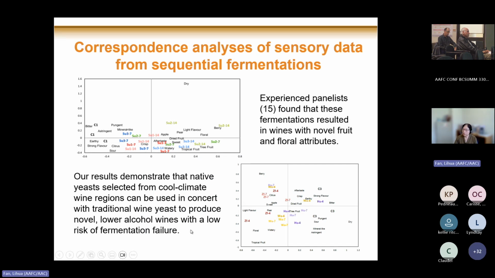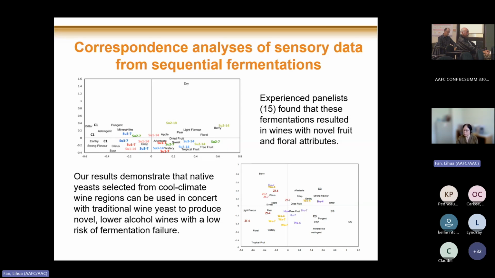This slide shows the correspondence analysis of sensory evaluation data from the sequential fermentation, suggesting that sequential fermentation using our selected Saccharomyces uvarum and non-Saccharomyces yeast was associated with fruit attributes. As you can see, this part is the control, and this part represents some fruit attributes. So our fermented samples had more appealing characteristics of citrus, apple, sweet pear, floral, or tropical fruit.